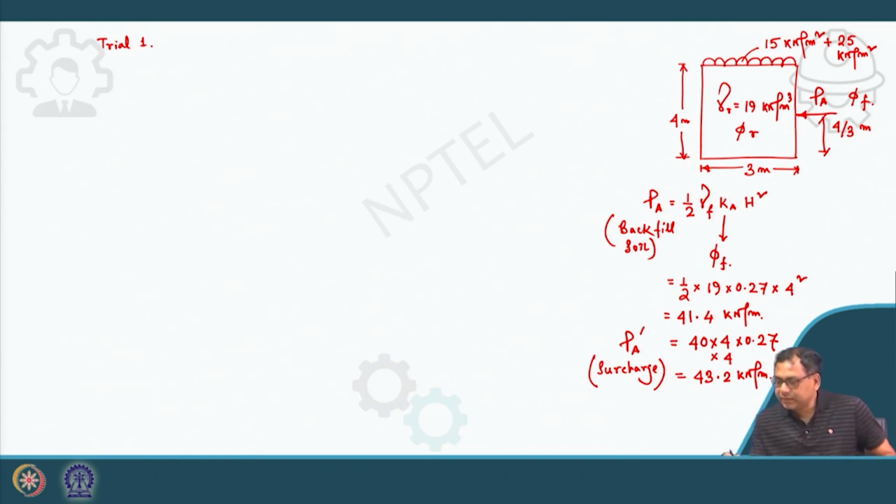And this is PA, and that PA dash will act as a height of, say, your 4 by 2 meter. Okay, so this is your PA and PA dash.